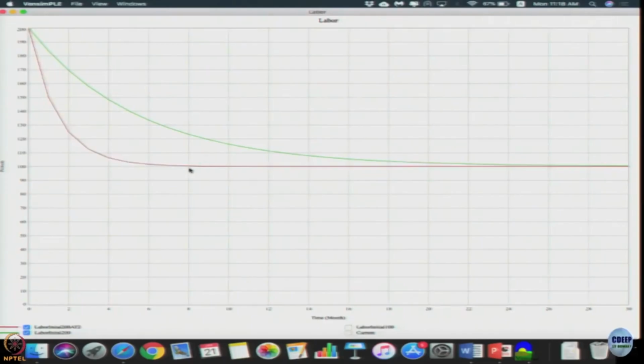So I am just putting two graphs, one when adjustment time was 6, which is the green one, and the red one when adjustment time is 2. The initial value of stock was 200, the goal is 100, both reach the same goal, except as we expect, when adjustment time is longer, it takes longer, and when adjustment time is shorter, it has to reach the goal earlier. It is the same dynamics, but the shape of the system continues to be asymptotic.